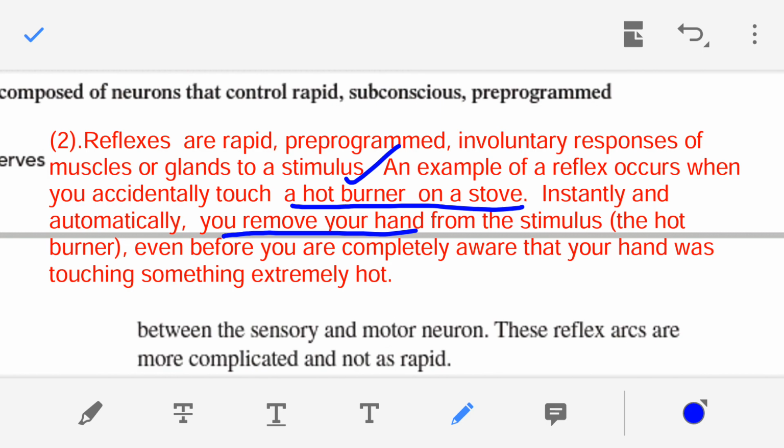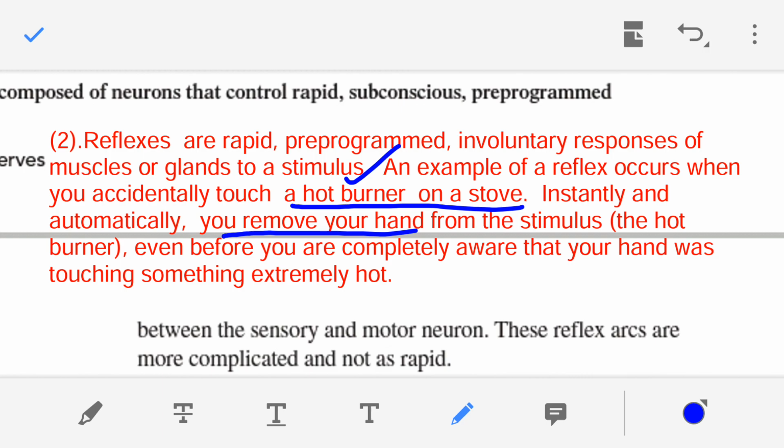Before you realize it, you have removed your hand from the hot burner. It is an automatic process. Here the hot burner is providing the stimulus of hotness to our hand, and there is a reflex action, and due to this rapid reflex action we remove our hand from the hot burner.